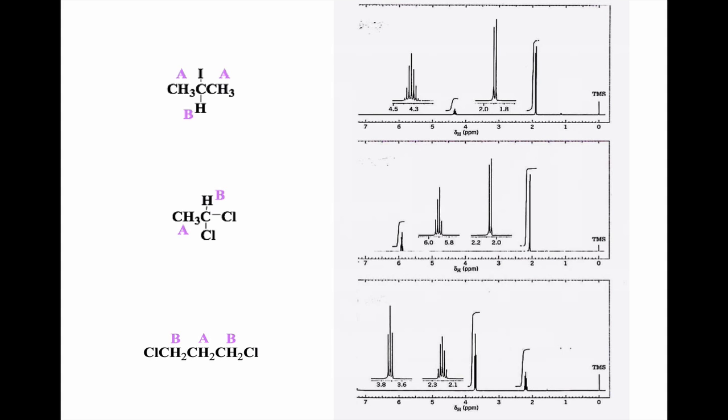Because it's on the carbon with the iodine, yeah, right? So how many peaks do we see there? Do we see the right number? There's 1, 2, 3, 4, 5, 6, 7. Okay, so we've got 7 splits in this signal. That's consistent with the structure.